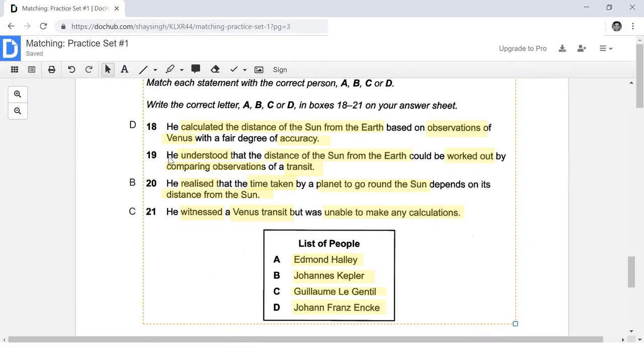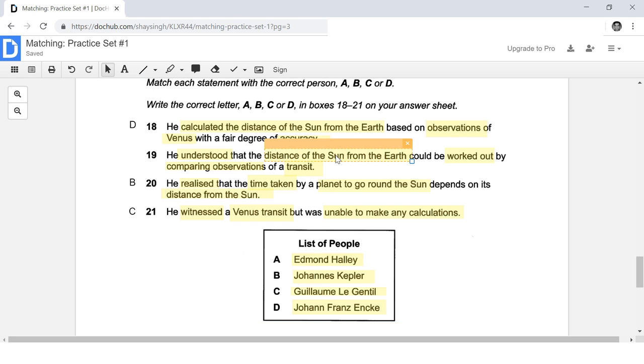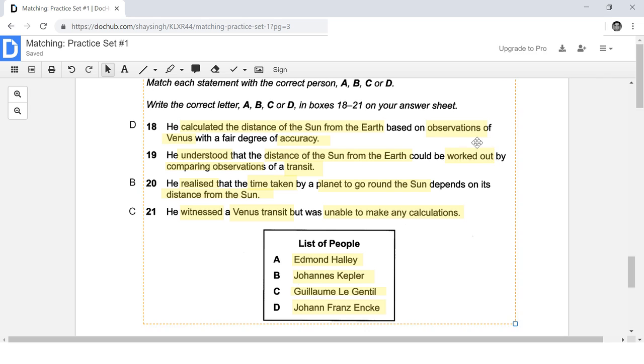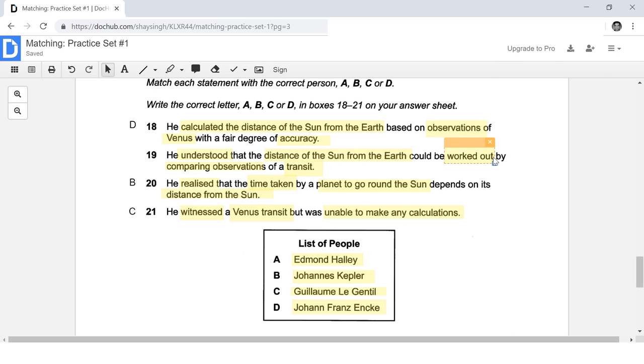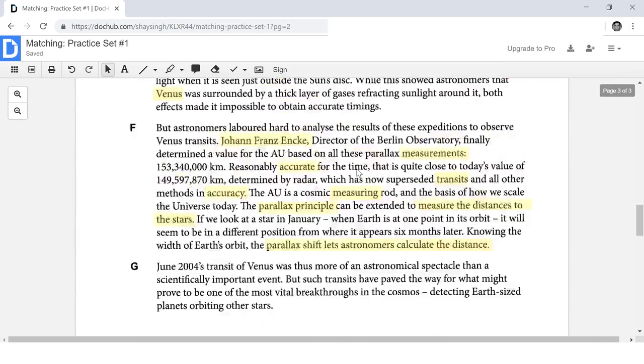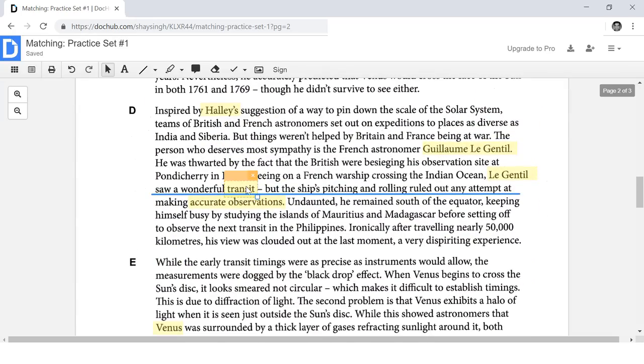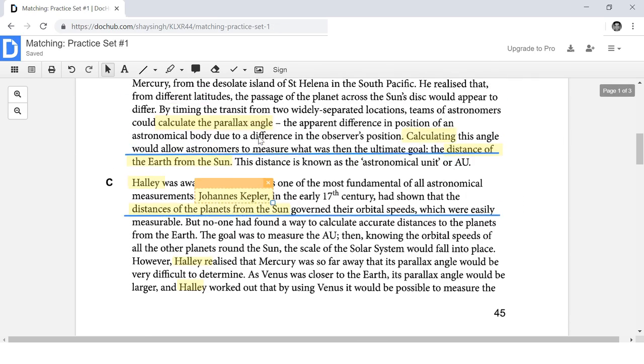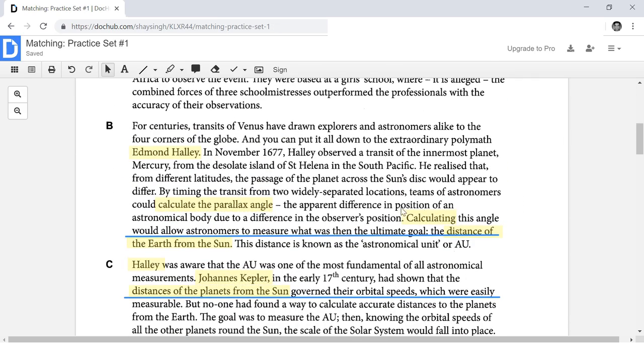So here number 19 says, he understood that the distance of the Sun from the Earth could be worked out or calculated, that is synonym language, could be calculated by comparing observations of a transit. Okay? Comparing observations of a transit. So here we are talking about calculating the parallax angle. And when it says parallax angle, we are talking about the parallax angle of the transit.